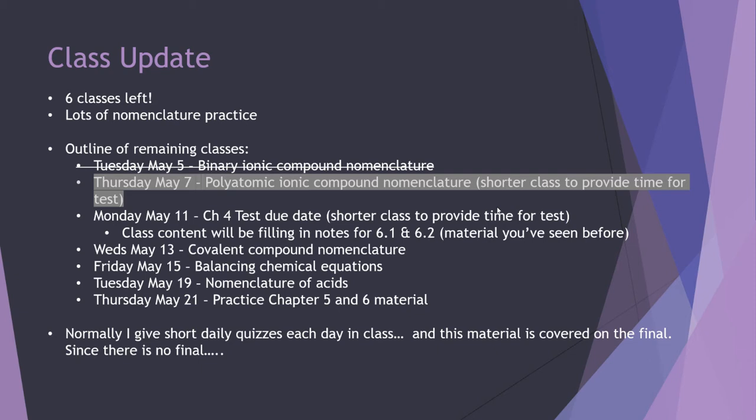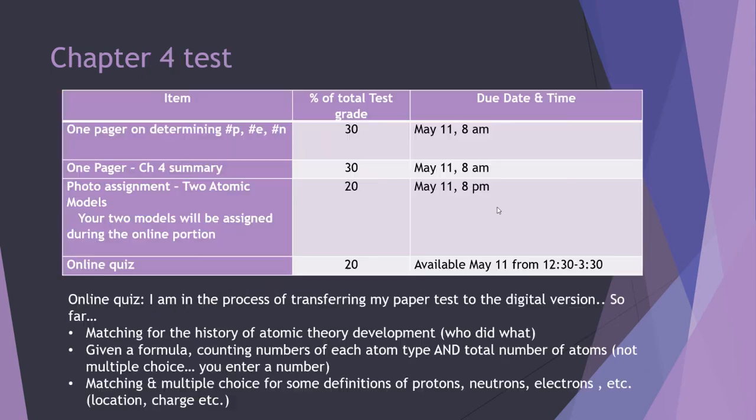It'll be very short. Other than filling in those notes as we're talking through class, there isn't going to be a whole lot unless I'm answering questions for you guys. I think that's it.